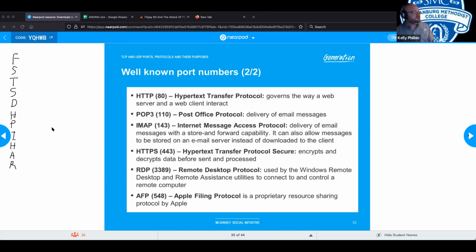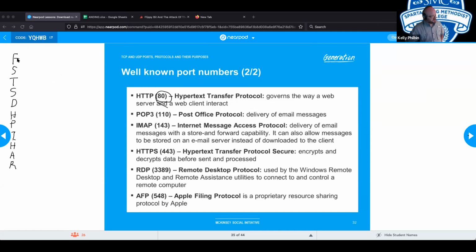All right. So the mnemonic for safe technicians, simple, I'm going to repeat this. So for safe technicians, simple deeds help put immature hackers at rest. That will give you all of the ports in ascending number by port number.